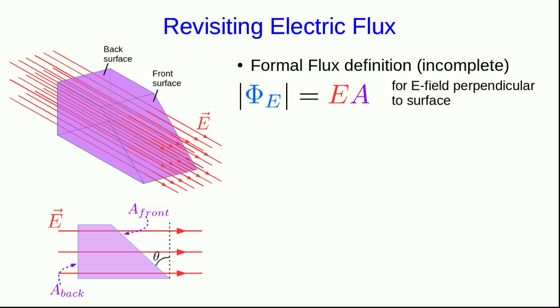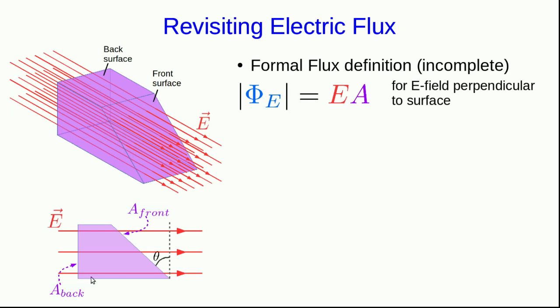If you find this three-dimensional picture confusing, look at the two-dimensional picture, and hopefully it'll help you make sense of it. So there's some area of the back surface and some area of the front surface. The reason I've chosen this odd shape is that calculating the flux through the back surface is straightforward.